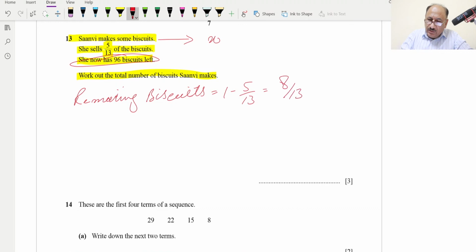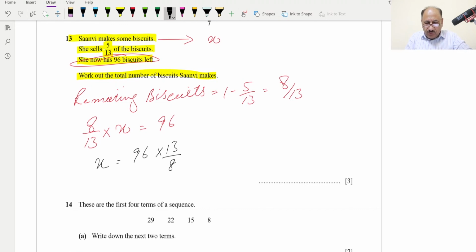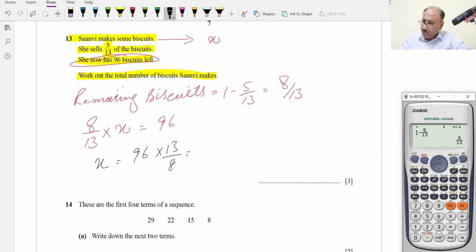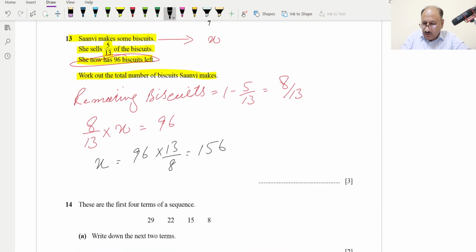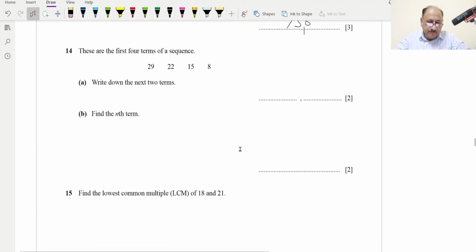So 8 over 13 are the remaining biscuits. So 8 over 13 of x total is equal to 96. Now we can simplify and find the x value. x will be equal to 96 multiplied by 13 over 8. When we shift 8 over 13, it comes as a reciprocal, and this will be 96 multiplied by 13 divided by 8, which is equal to 156, and 156 will be our final answer for this part.